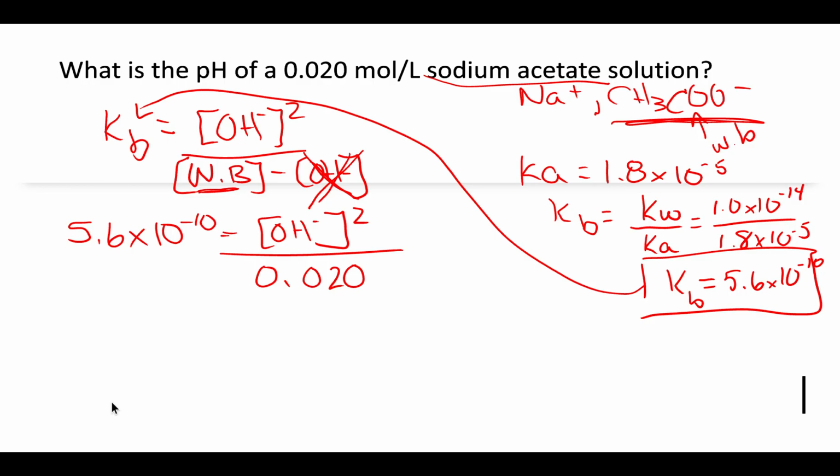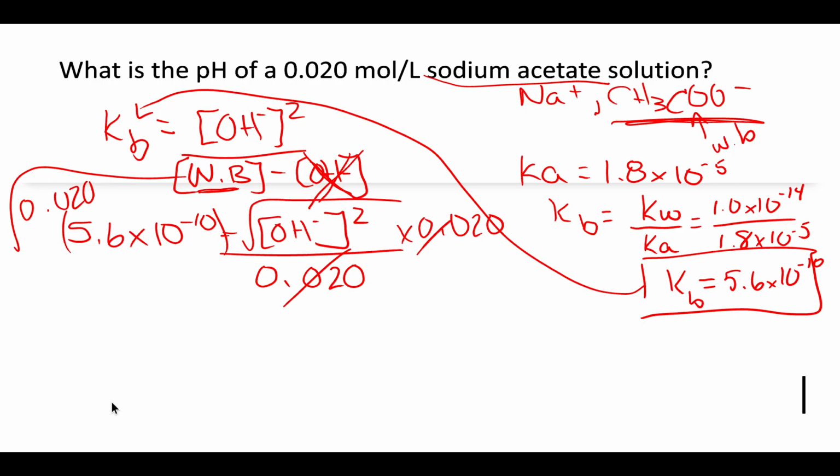Now we want to isolate the OH concentration, so multiply both sides by 0.02. Once you've multiplied, your last step is to square root to get OH alone. We get the OH concentration to be 3.3 times 10 to the negative 6 moles per liter.